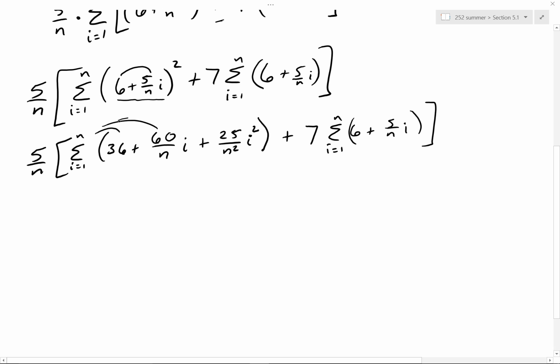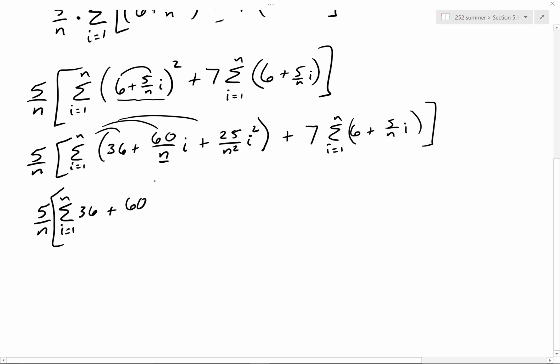Well, now I can pass that summation all the way through again, can't I? I sure can. So i goes from 1 to n of 36 plus the sum. I'm going to pull the 60 out. And notice that the n has nothing to do at all with i.